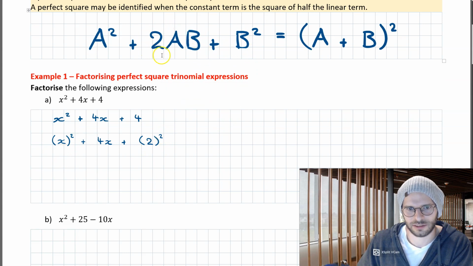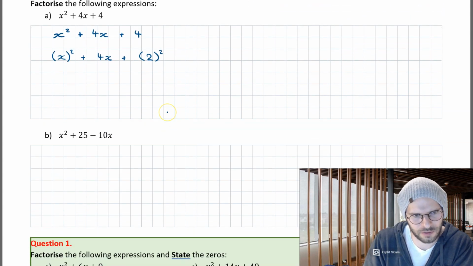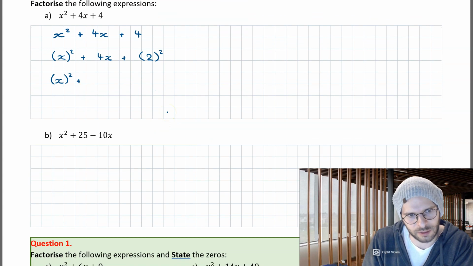Next, I turn my attention to this linear term here. What I need to do is rewrite it such that it is twice the product of a and b. So if I start off and firstly pull out the 2, what I have left behind is 2 times x times 2, plus 2 squared.